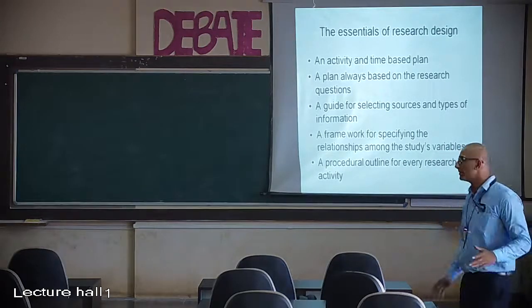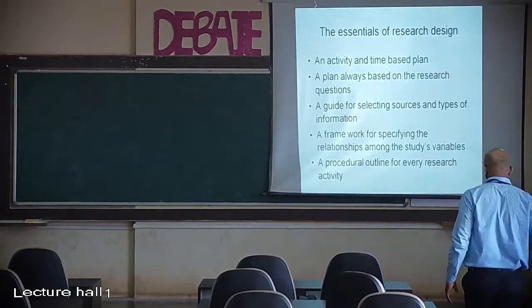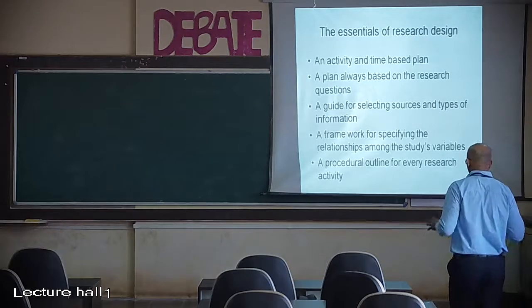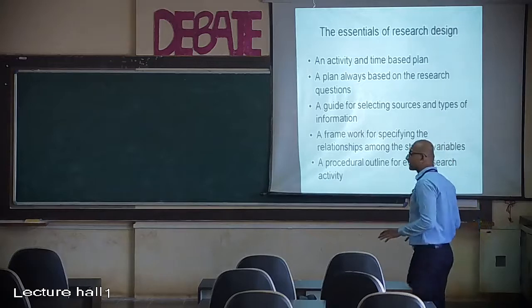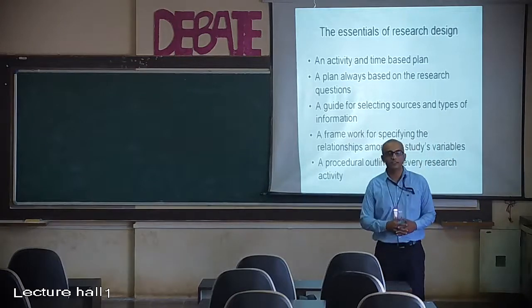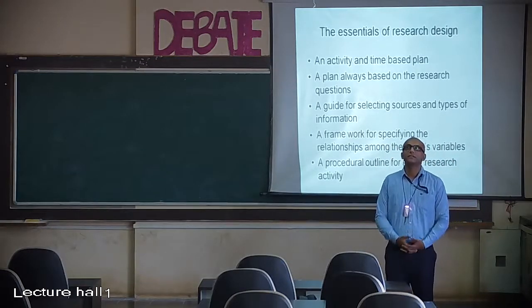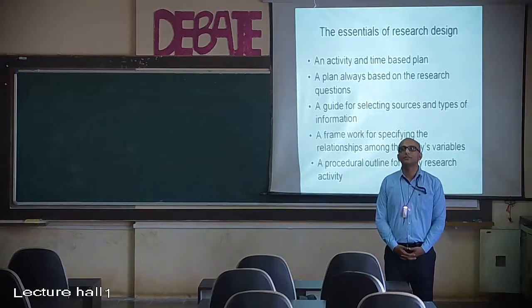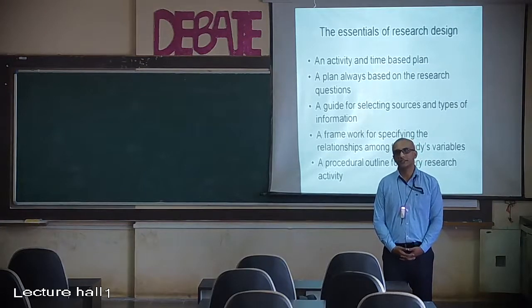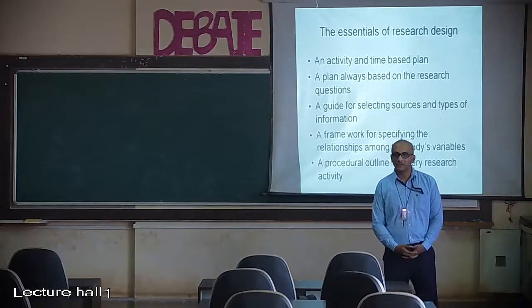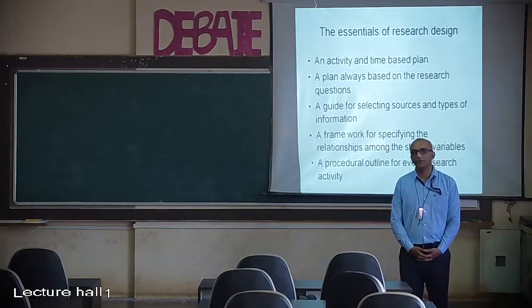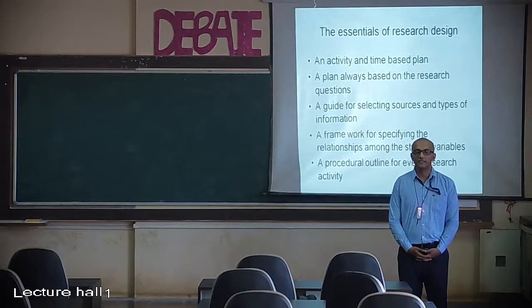In order to explain this, research will start with a problem definition. Let's suppose the problem is related to sales: the sales are declining. Now we need to figure out why the sales are declining, and at the same time we need to come up with a prescription for how to arrest the sales decline.